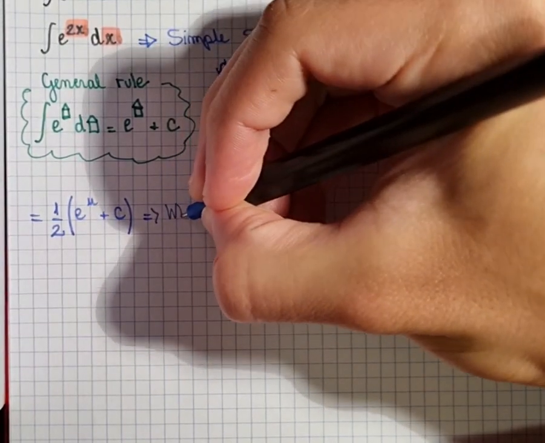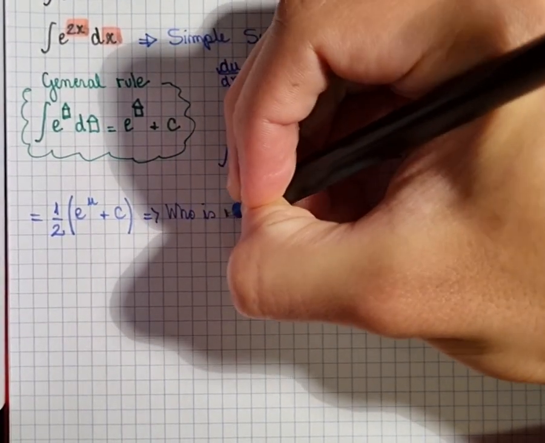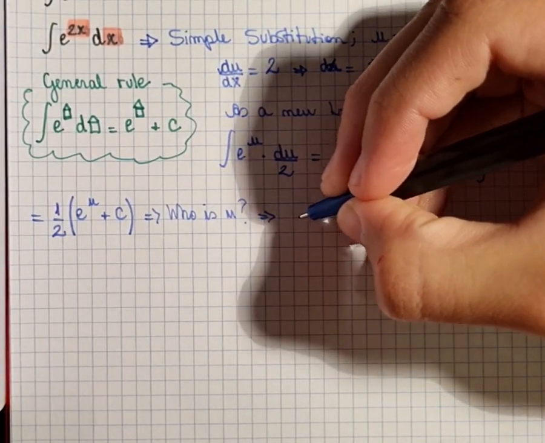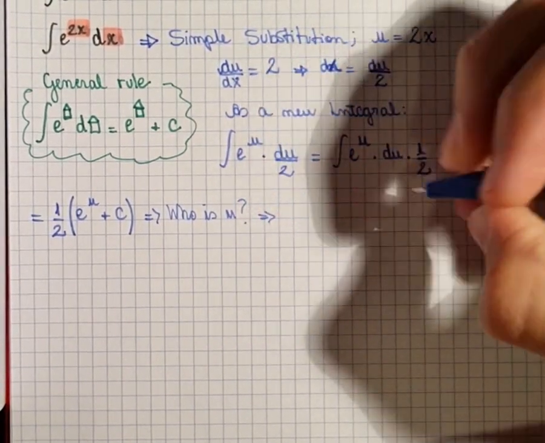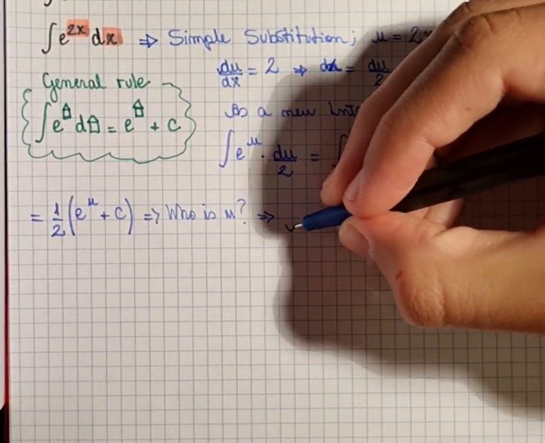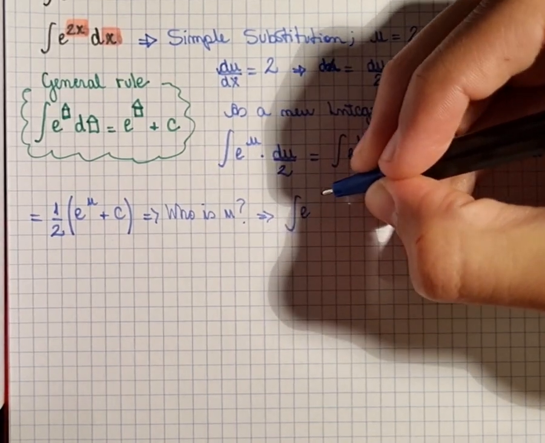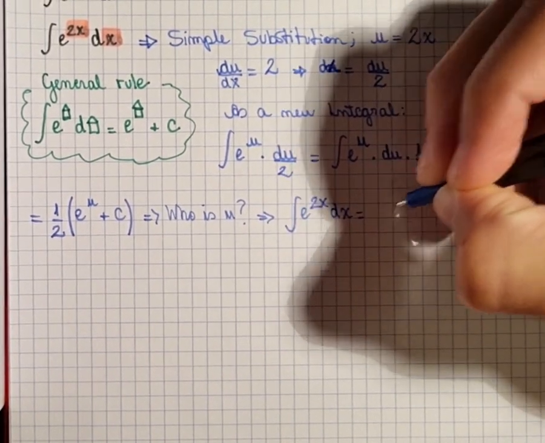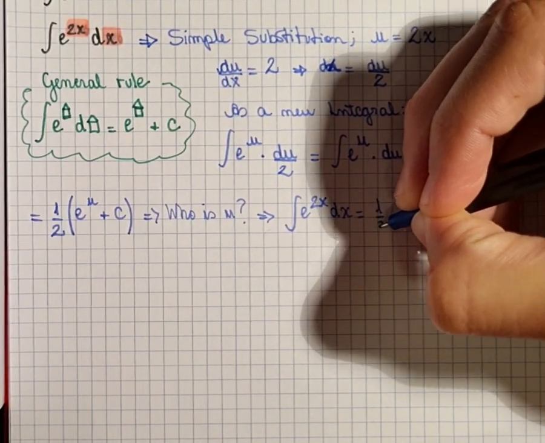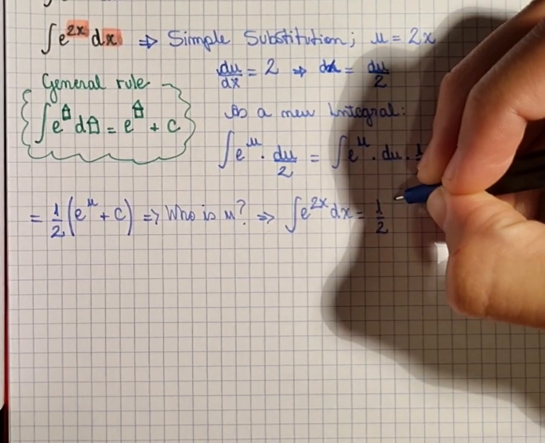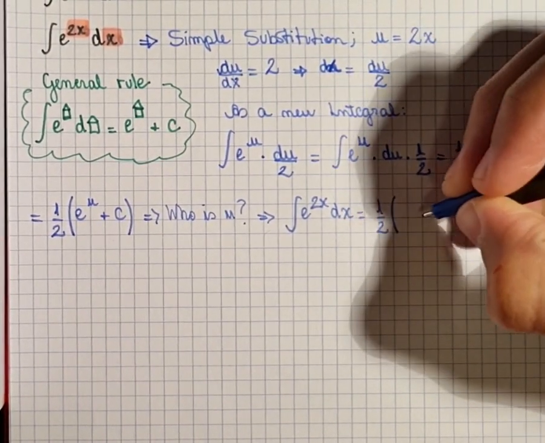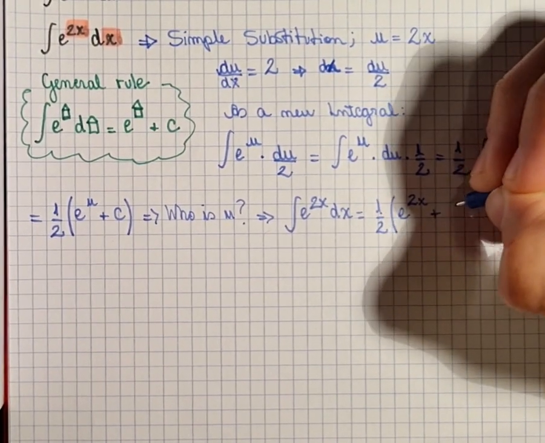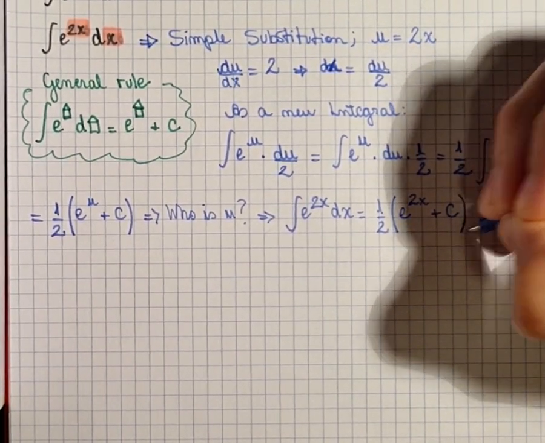Who is u? We have that the initial integral is equal to 1/2 multiplied by e elevated to the power of 2x plus c.